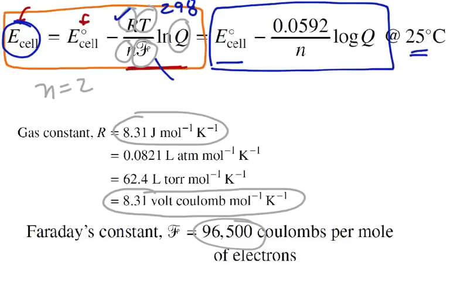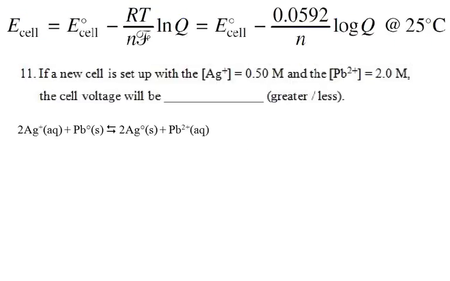Faraday is a constant, and for log base 10 versus natural log, we could make that change, and there's a number involved in there. If we made all those little number changes, they would come to 0.0592 over N. So N is the only piece we need to keep. This is actually the equation that I use a lot: the non-standard cell's voltage is the standard cell voltage minus 0.0592 over N log of Q. Okay, back to our equation.